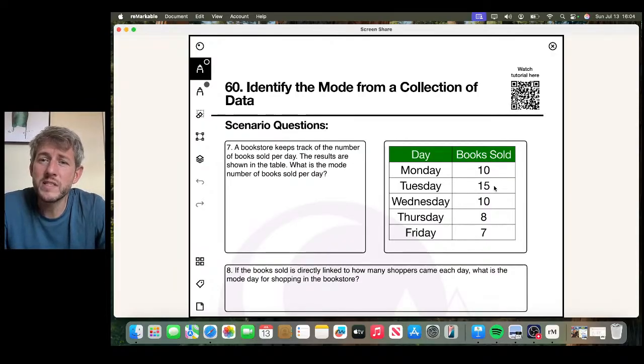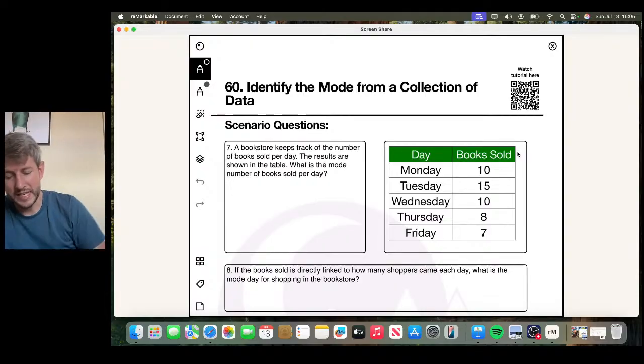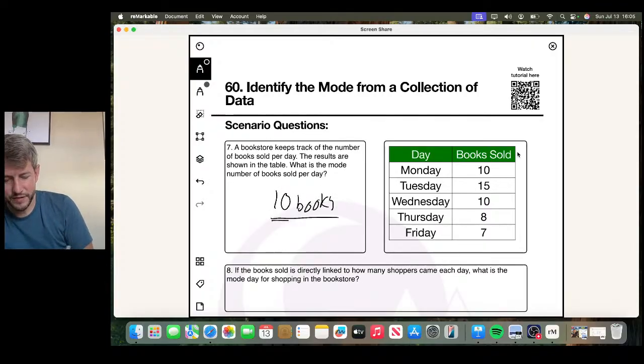The question is, what is the modal number of books sold per day? That would be 10, because 10 books are sold on Monday and 10 books are sold on Wednesday. So it's the most common event when we're talking about book sales, that they sell 10 books. So that's the answer for this one.